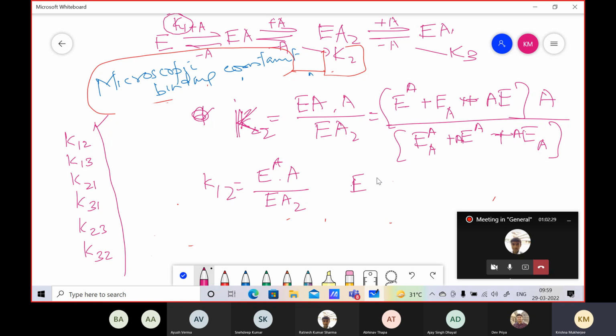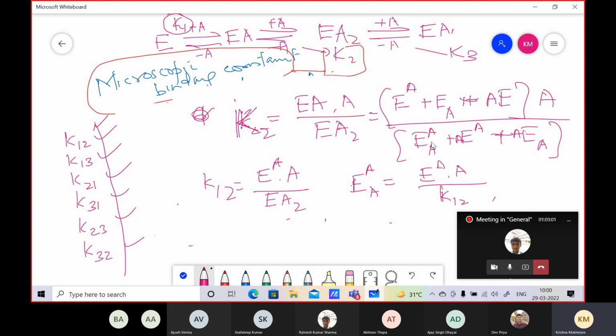So this tells me that EAA is equal to EA into A upon K12. Right? And similarly, we have to derive the other expressions. So all these expressions have to be now derived. 1, 2, 3, 4, 5, 6. So we will get EA.